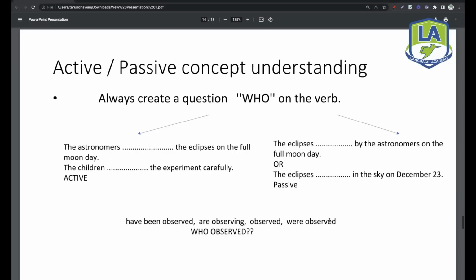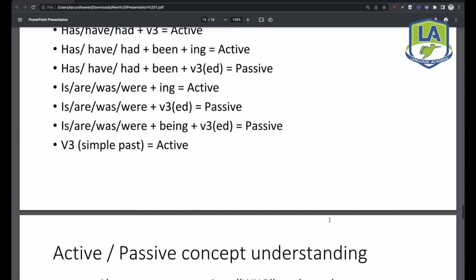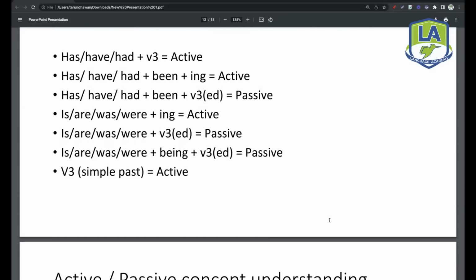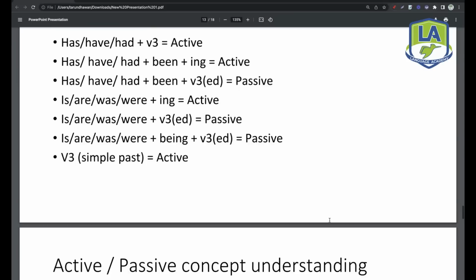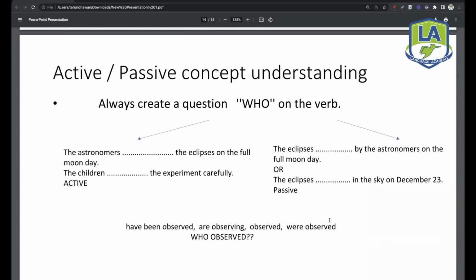So active passive, once again, you can cram what is active and what is passive. Once you have crammed it, then you just need to create a question. Who dash, whatever the verb is. And then you find the answer. If it is by, it's always passive. Otherwise, you can read the sentence and you will get the answer, which side the answer is.